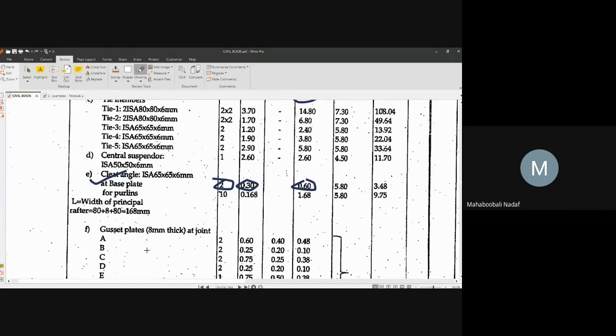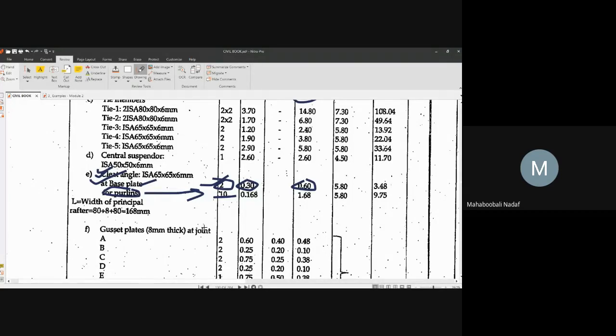Now I will just repeat, as I think there is some doubt. Cleat angle for base plate, 2 numbers. Cleat angle for purlins, 2 numbers. This is not a purlin dimension; this is a cleat angle for purlins.